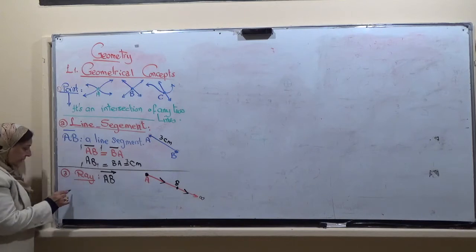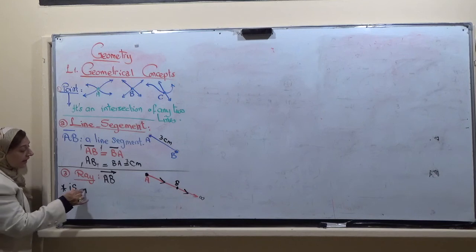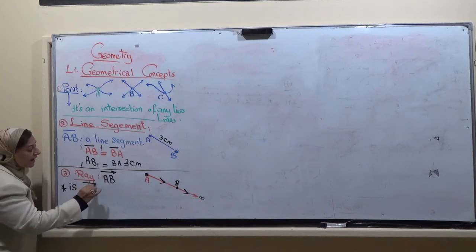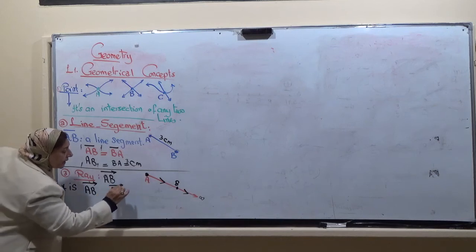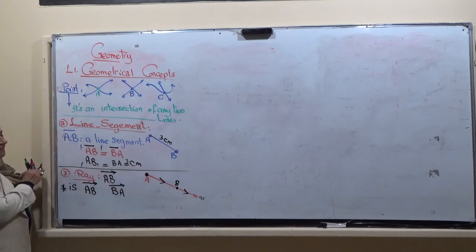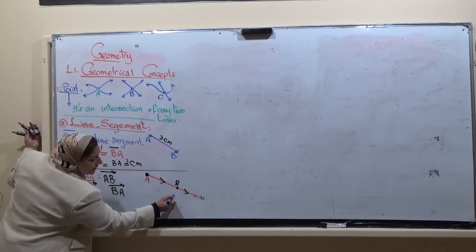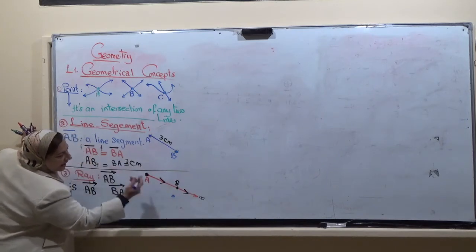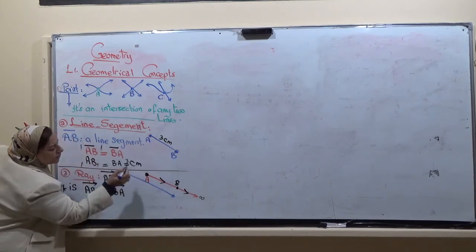Now I'm asking, is AB ray like BA ray? No. BA ray, we start from B here and go in the direction of A, to A, and go again up to infinity.